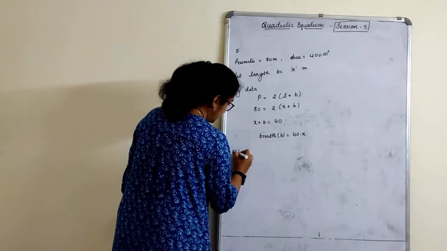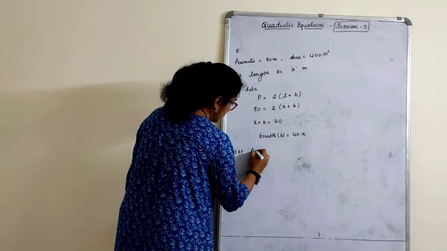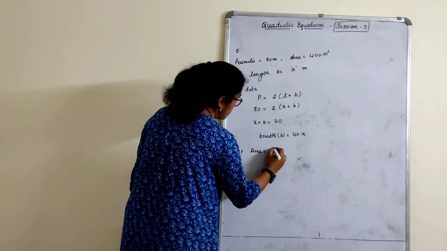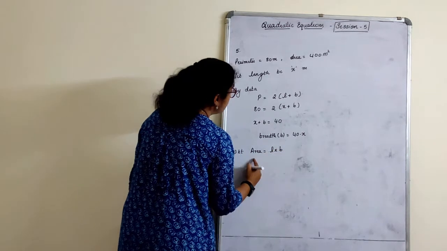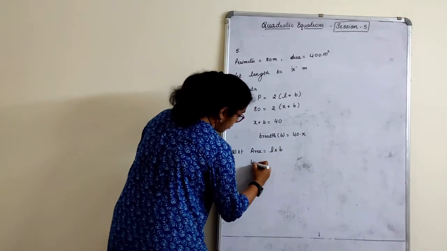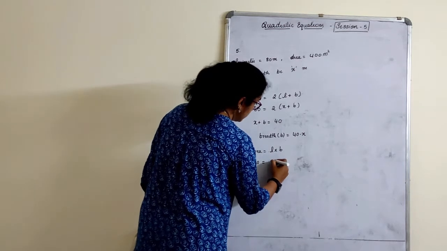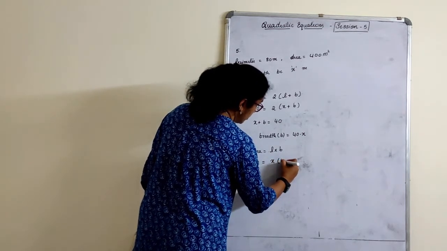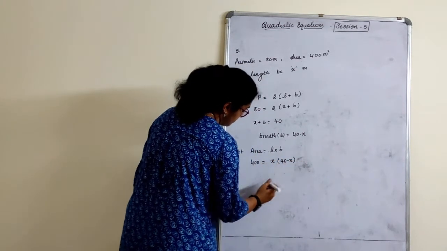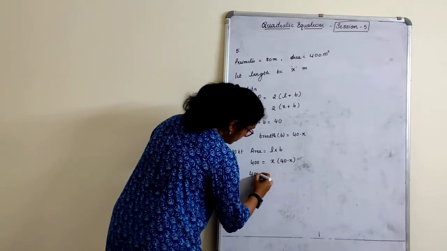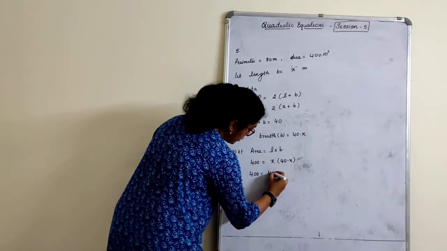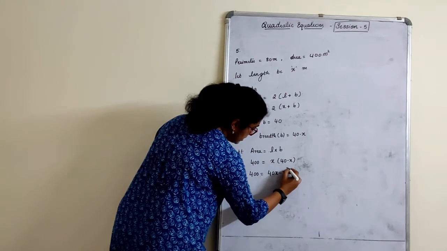We know that area is equal to length into breadth. What is area? 400 meters square is equal to length. What is length? x. What is breadth? 40 minus x. 400 is equal to 40x minus x square.